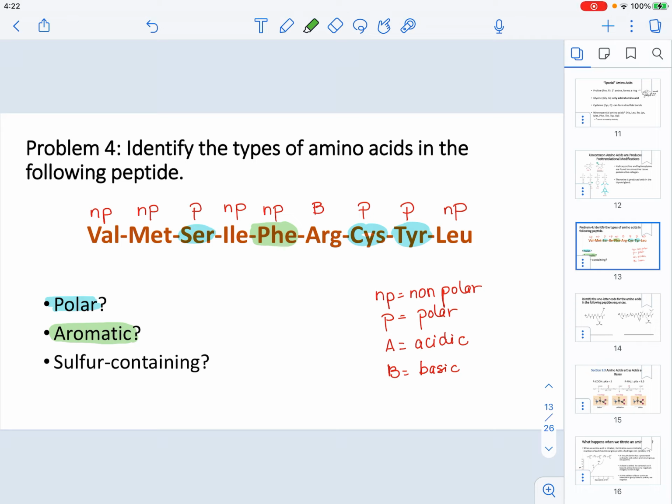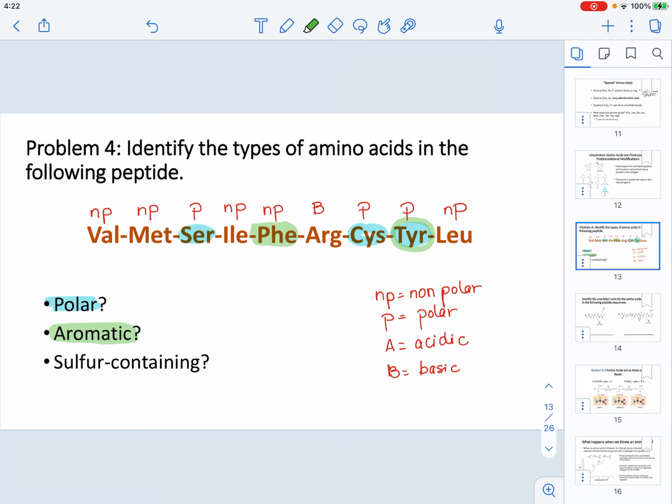Out of the rest of them, tyrosine also contains a benzene ring. Remember that the other one that contains a benzene ring is going to be tryptophan. But as you can see, we don't have tryptophan here.